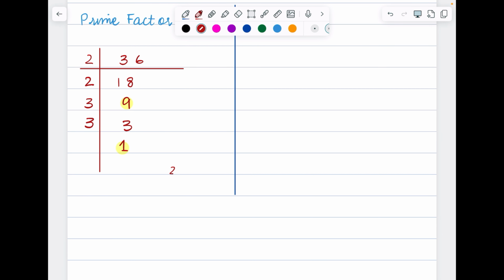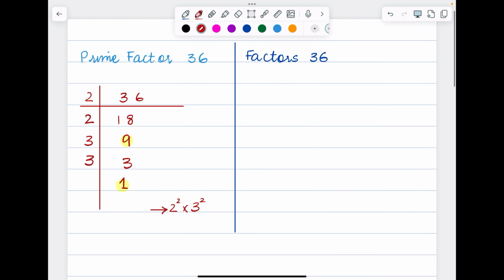So 2 squared times 3 squared is the prime factorization of 36, okay? You're basically breaking down 36 into its prime factors. And if you multiply again, 2 times 2 is 4, 4 times 3 is 12, and 12 times 3 is 36.